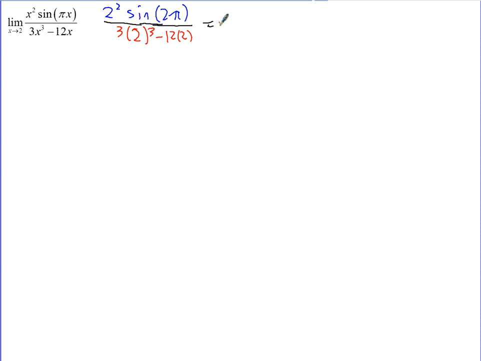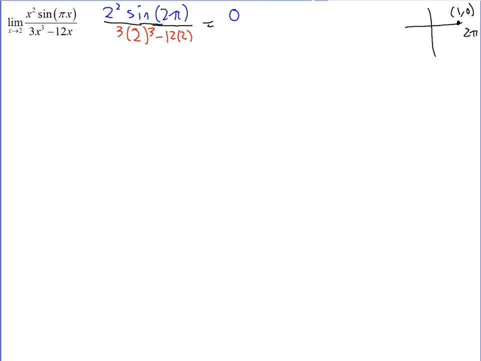So remember, sine of 2 pi. 2 pi is the same place as 0 over here. Sine is the y coordinate, so that's 0. So sine of 2 pi is 0, that wipes out the whole numerator, gives you 0.